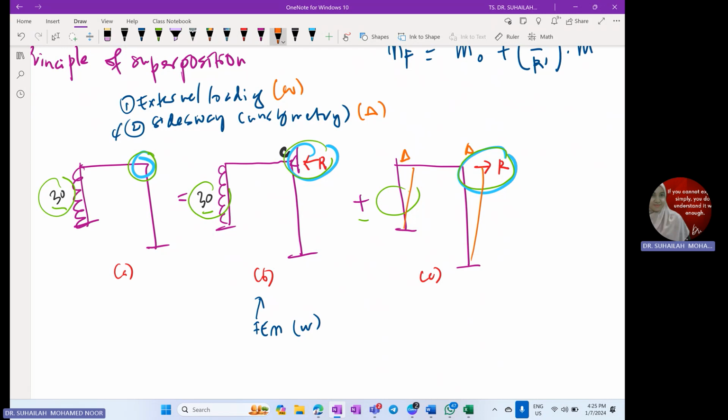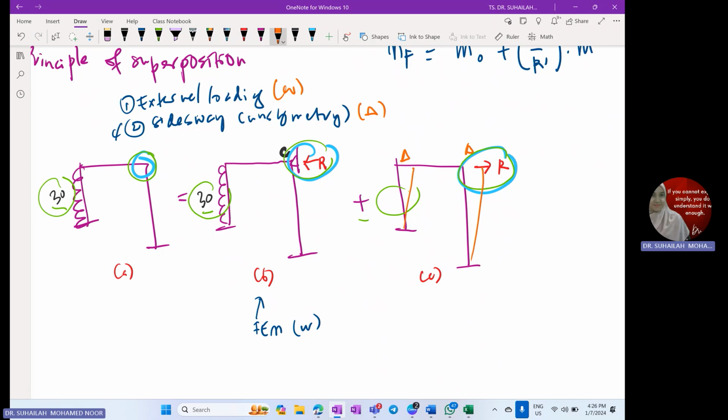We have to do it separately: calculate FEM due to external loading only, and then calculate the end moment, and after that calculate FEM due to delta. But for diagram C, we cannot calculate FEM because delta is unknown, so we will assume FEM. That is the process of the principle of superposition.